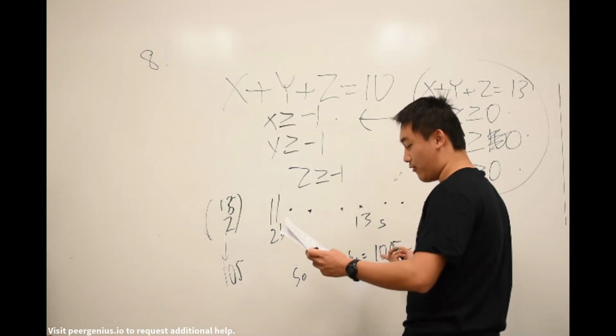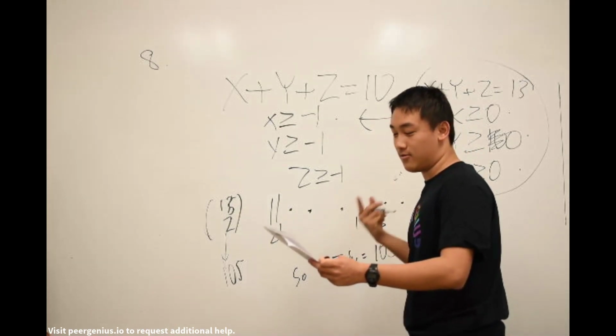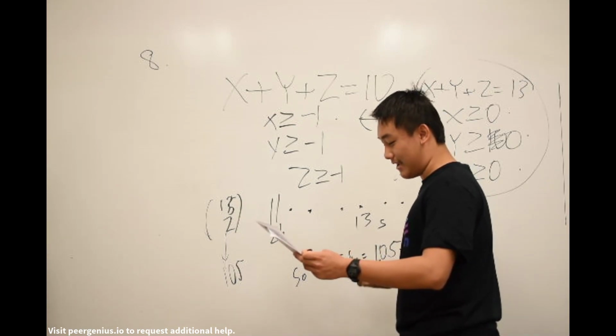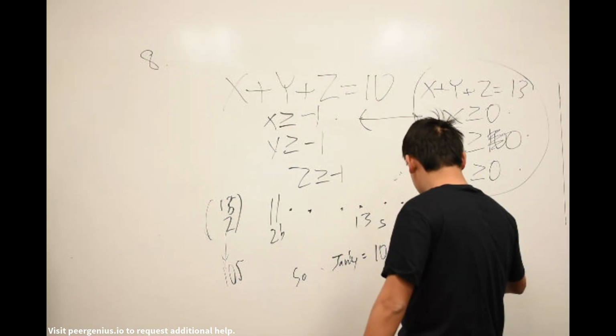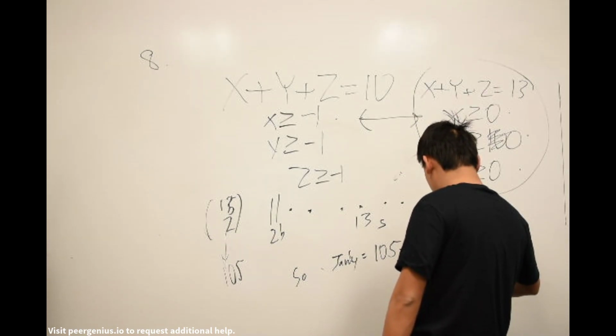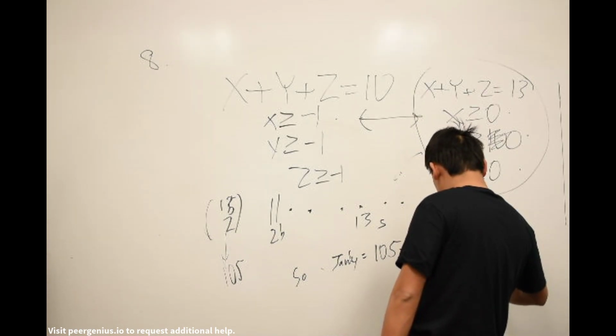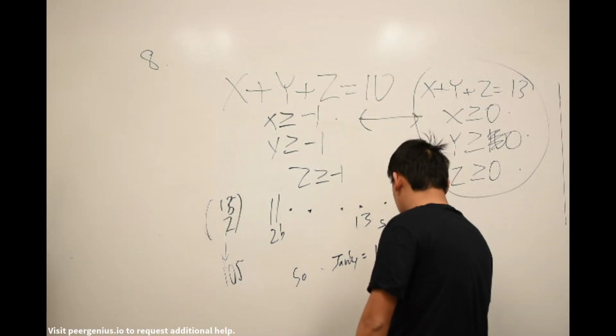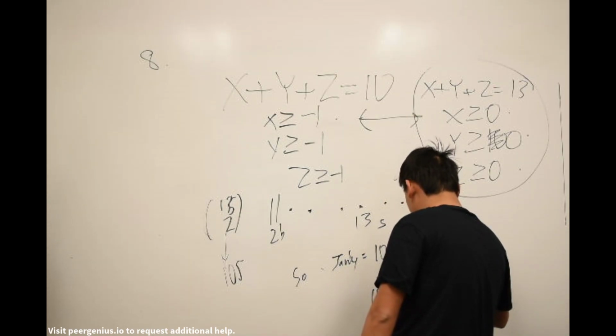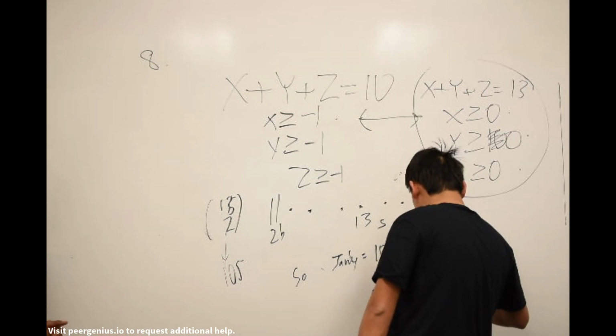X equals -1 has y plus z equals 11. Because y plus z equals 11, this condition has 14 values. So janky equals 105 minus 14 equals 91.